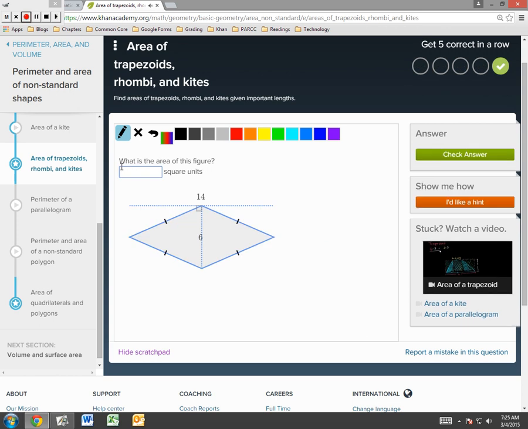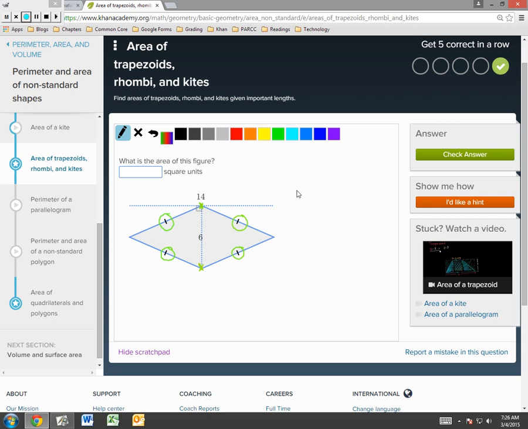Okay, now take a look at this. This is actually what we call a rhombus. The reason I know this is that each side is congruent, as shown by these congruency marks. We also have a diagonal going from one vertex to a non-adjacent vertex.